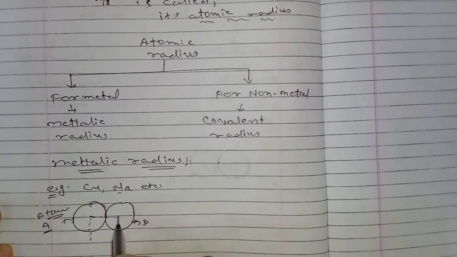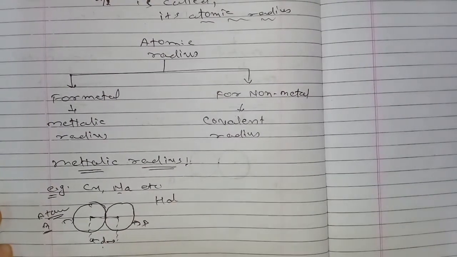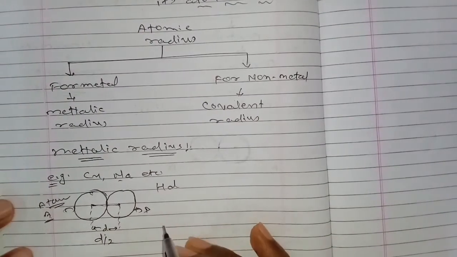The distance between the two atoms is d, and its half value is d by 2.